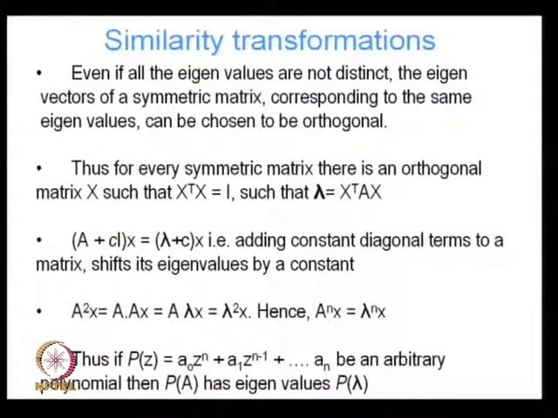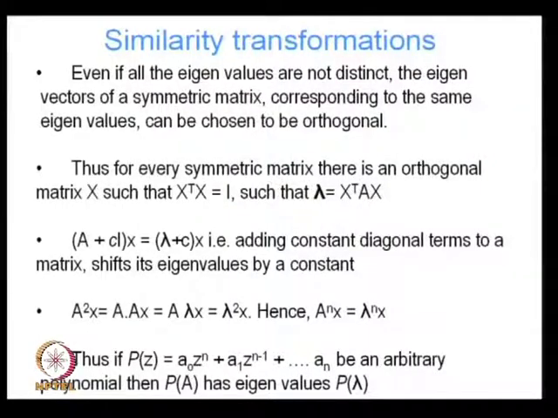Next, we want to see how the eigenvalues change if we perform certain simple operations on a matrix. For instance, we have an initial matrix A, and suppose we add the same constant scalar C to each of the diagonal terms of A. That is, we form the matrix A plus C I, I being the identity matrix.